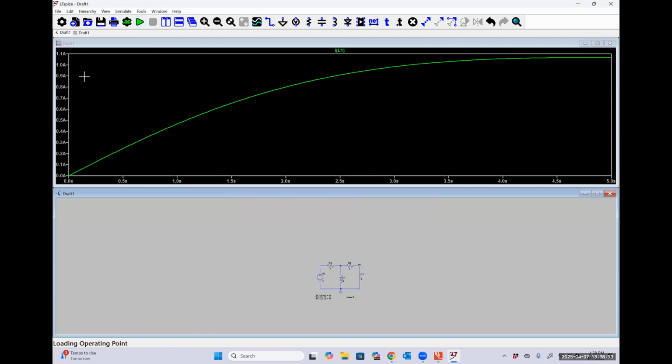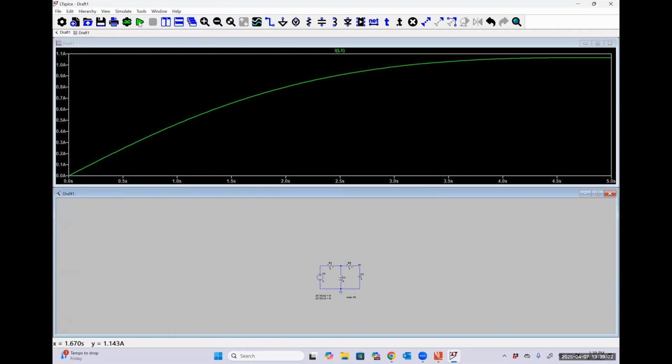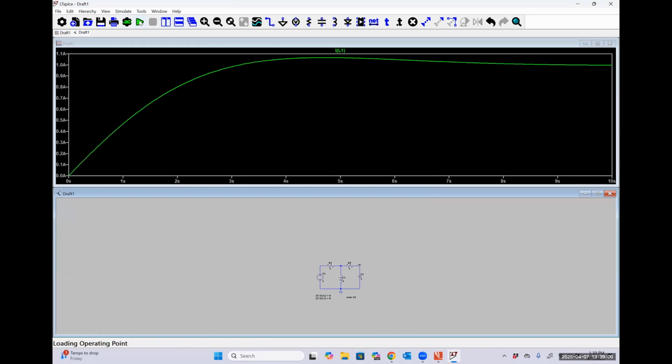Now it looks like it's okay. So it did overshoot the final value, which is a good indication that it is actually underdamped.